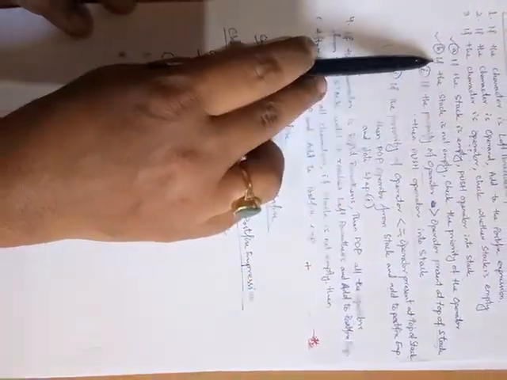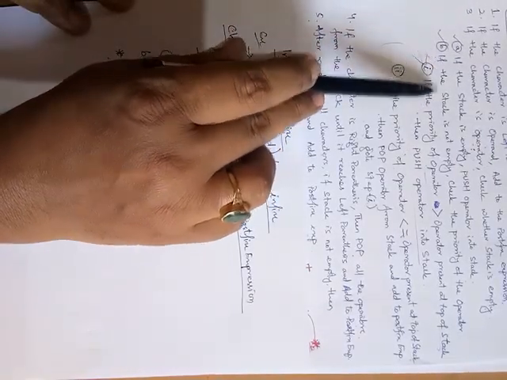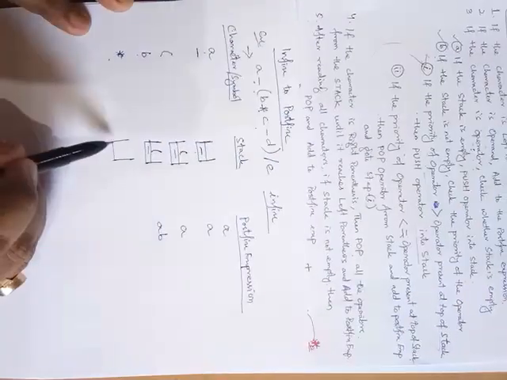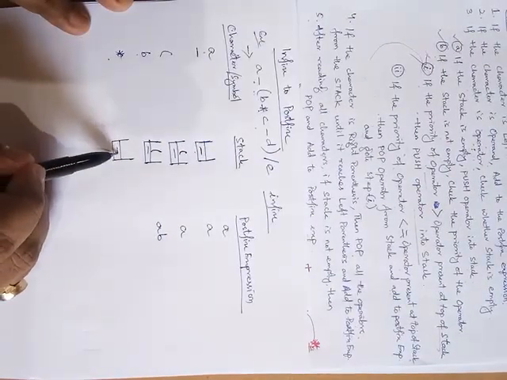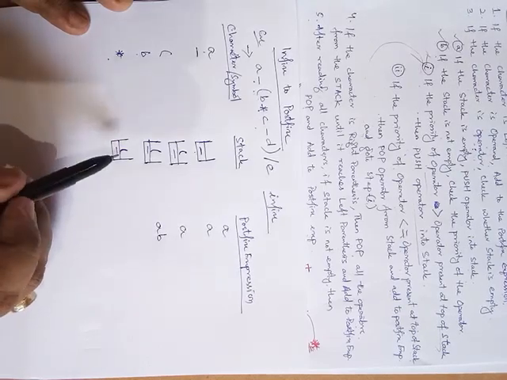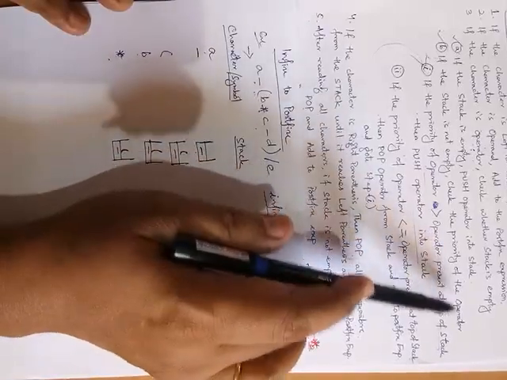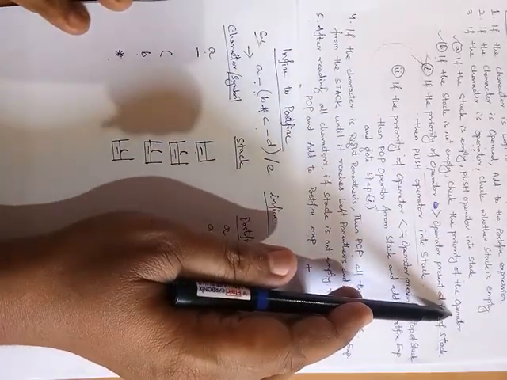Now we'll check which condition, 3.b: if the stack is not empty, now the stack contains minus and left parenthesis. If the stack is not empty, then check the priority of the operator.